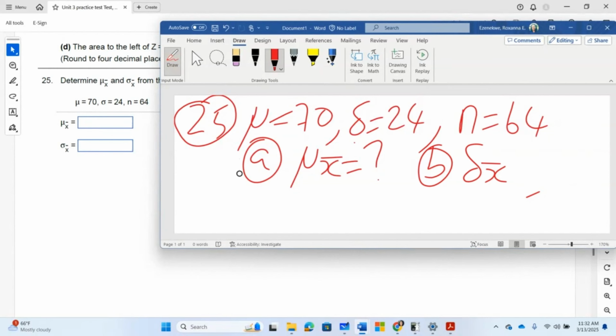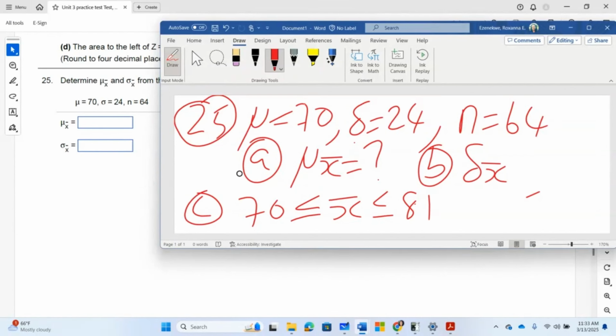And the third question is C, find the area between the mean and the random variable, such that x bar is less than or equal to 81. In other words, find the area between 70 and 81.